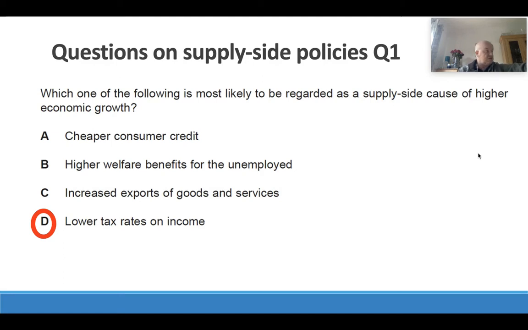So lower taxes on income means that individuals keep more of the money that they earn, and the view is that it can then be used to spend on consumption, and that clearly is a major element of economic growth, and aggregate demand in particular. That would be the response as far as this one is concerned. Okay.